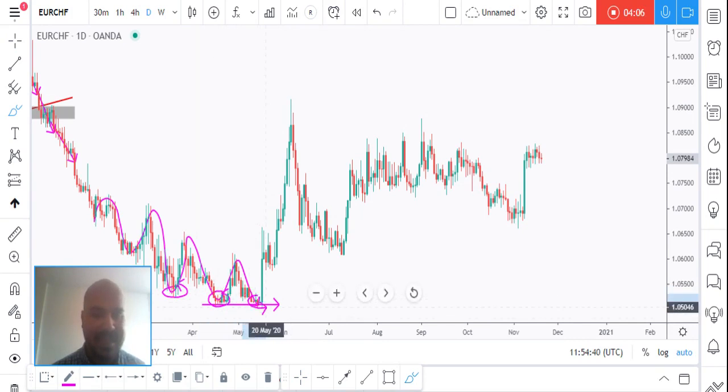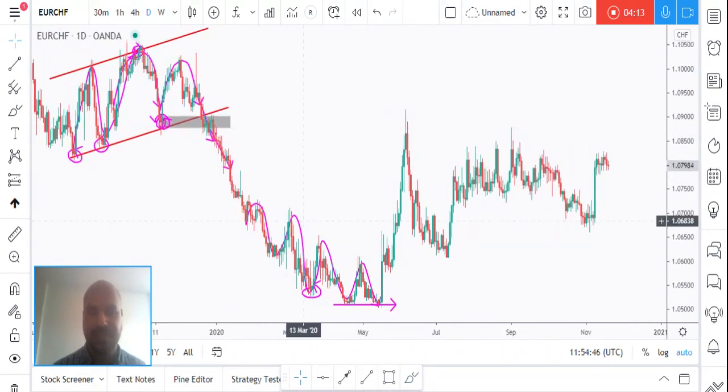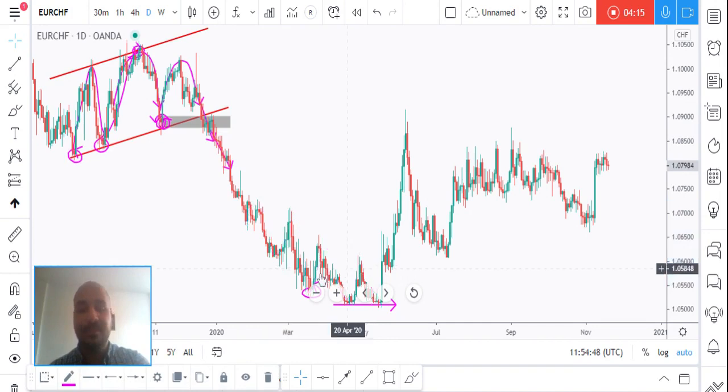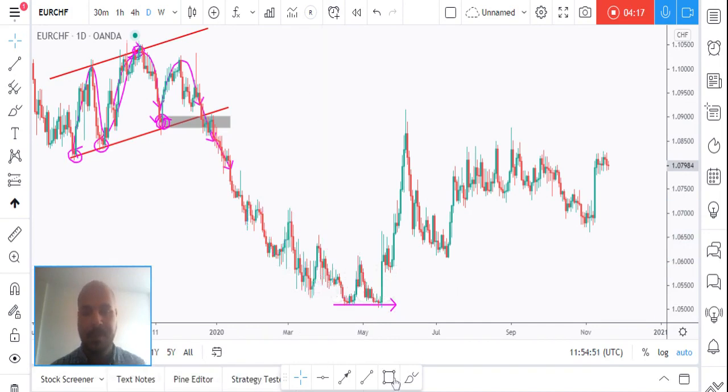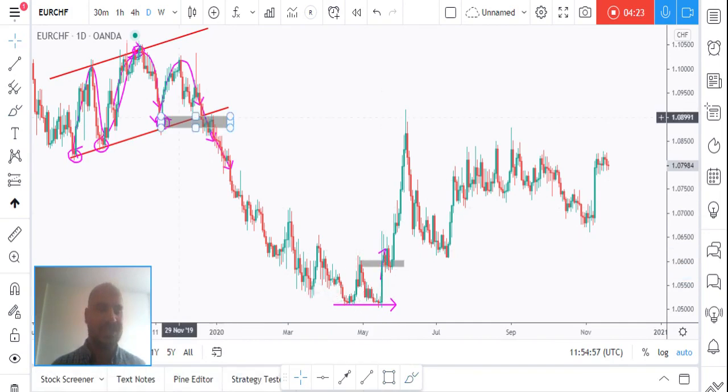It made an equal low, which is also our first alert that a potential reversal might happen. And the reversal was confirmed after this last swing high was broken upward. Okay, so the market was overall bullish, broken, bearish, now broken, bullish.